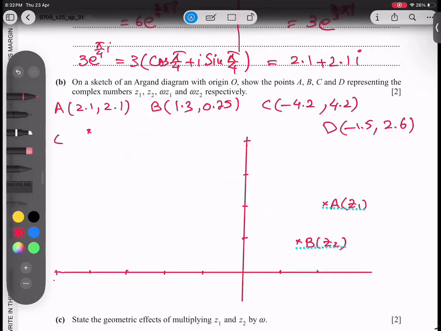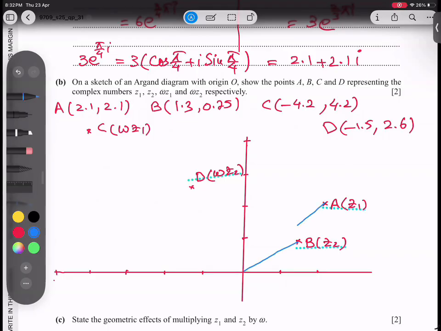I'm writing omega Z1. This is done. Now where is D? Negative 1.5 is here in the middle and positive 2.6 here, so approximately here. I got the D coordinate, representing omega Z2. So I think all points are very clear.